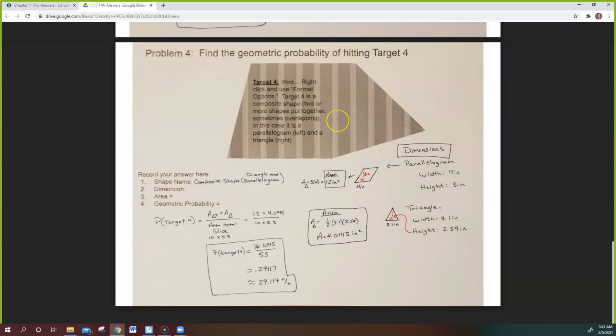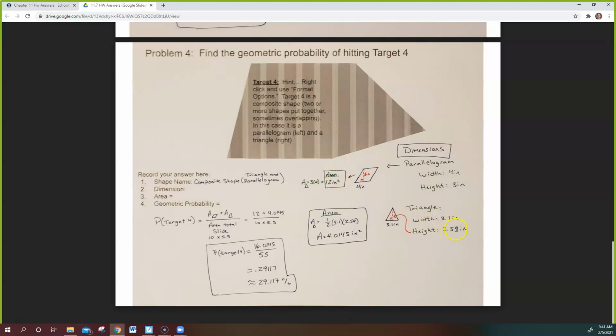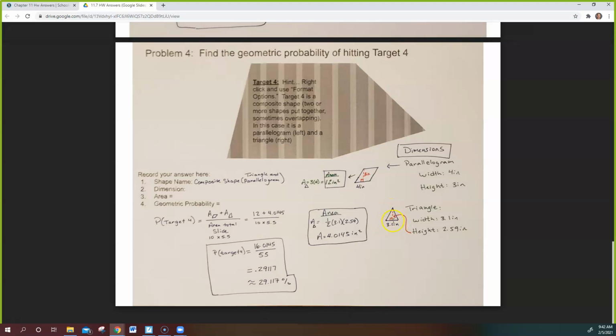They're not overlapping, and that's important to think of. That width was 3.1 and the height was 2.59, based off of the right click on that picture, and then the formatting options to find the size of that shape. And I just redrew this here. You can see the width and the height, and then I calculated that area.